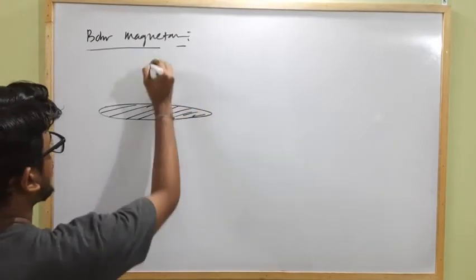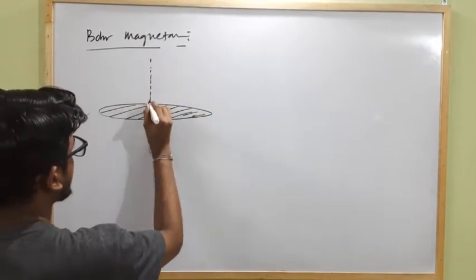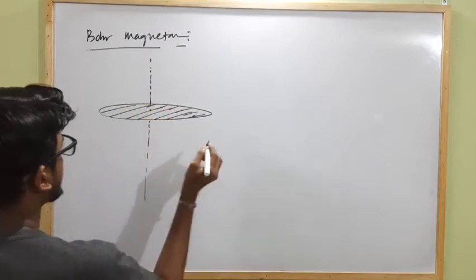This is a complete disk, and this is the axis which is passing through its center.